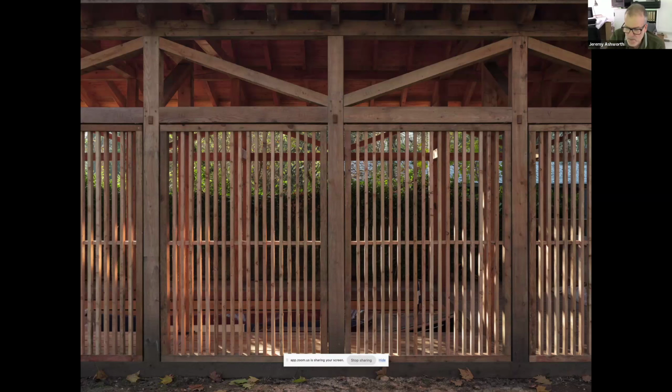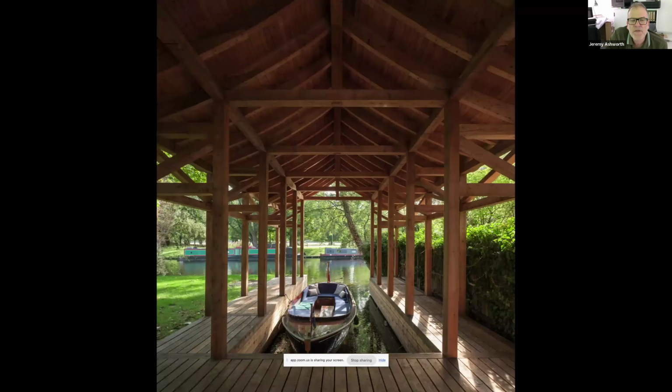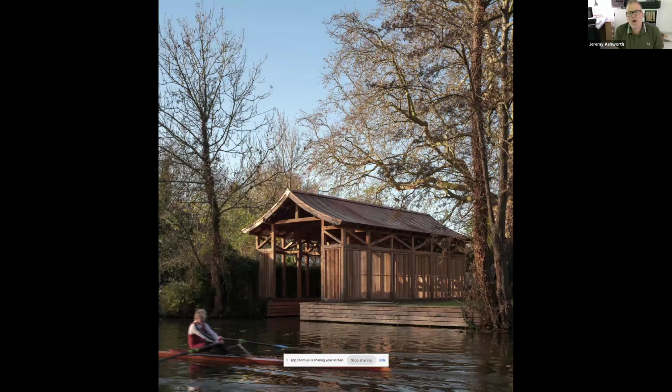And what we find interesting is we have ended up with a fairly traditional looking building, but it's been built in a very traditional way, but it's actually had a lot of testing, technology, design go into it to make sure it functions and is a lasting building for the client.